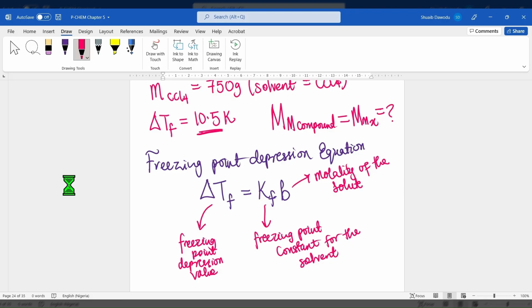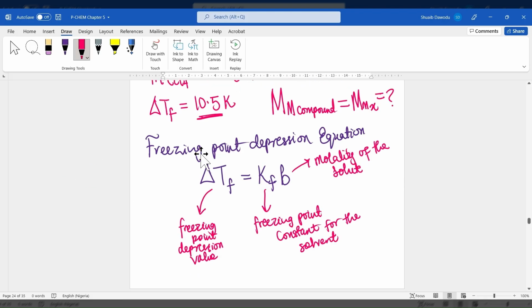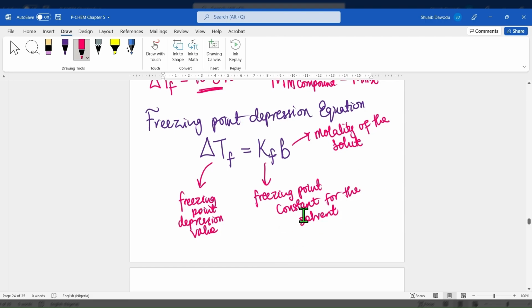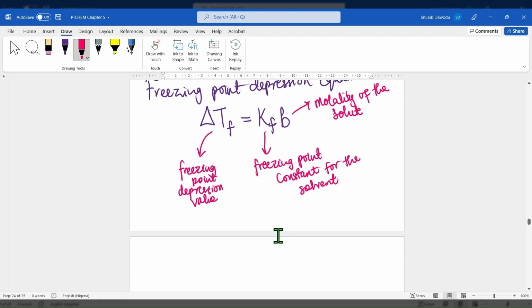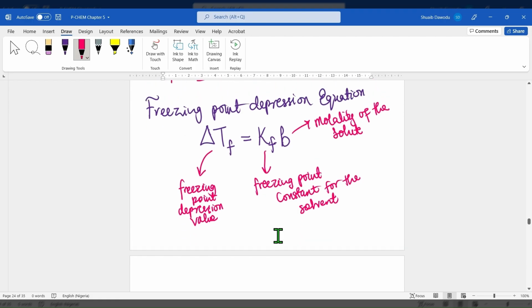Now, the freezing point depression value has been given to us. The molality of the solute has not been given to us. Another value that wasn't given to us, but we can easily find, is the freezing point constant for the solvent. They do not necessarily have to give it in a question for you to know a constant value, just like we know the speed of light or Avogadro's constant.